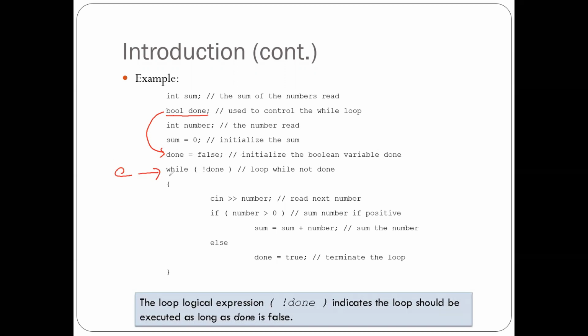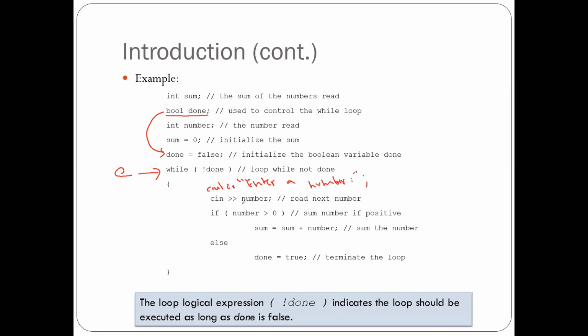Because it is put inside the while loop, written as not done, meaning as long as it is true, it will enter. Next, it asks the user; there should be a cout here, enter a number.